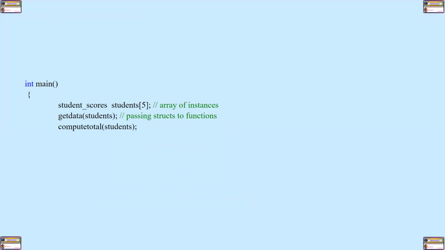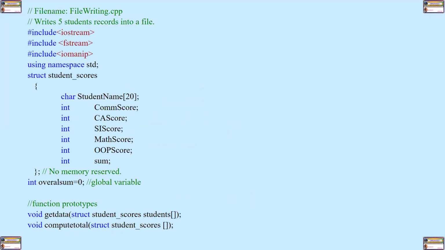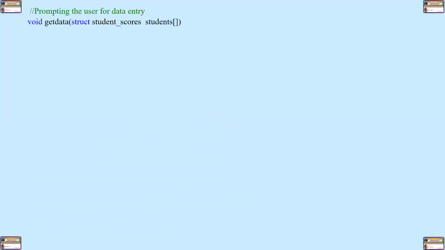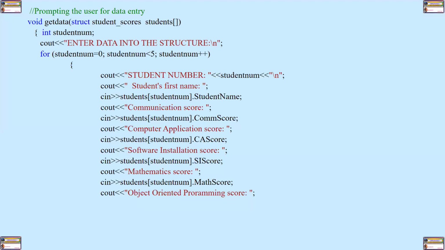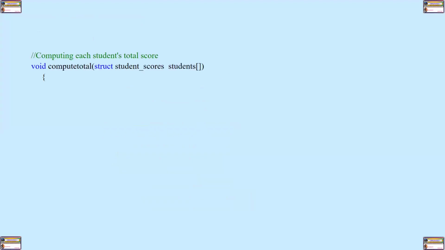The compute total function is being invoked by passing the array of struct by the name students. Once this statement is executed, the compiler will go to the prototype for compute total, know it exists, and then after main, the compiler will go to the function called compute total.